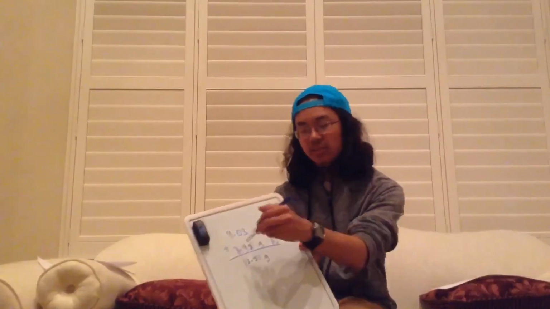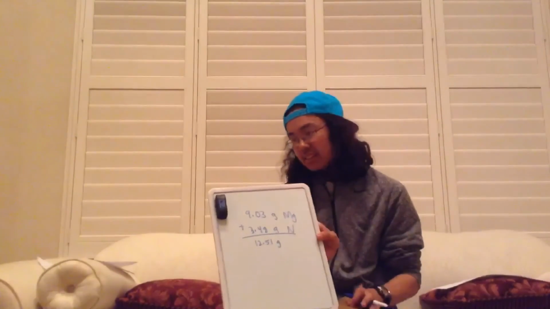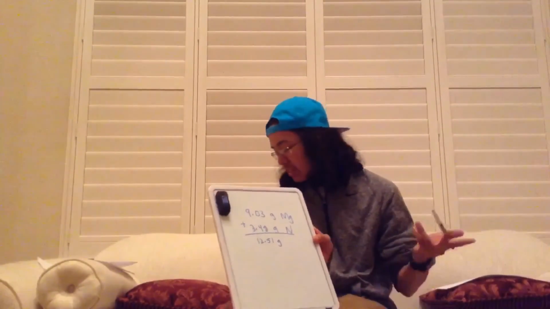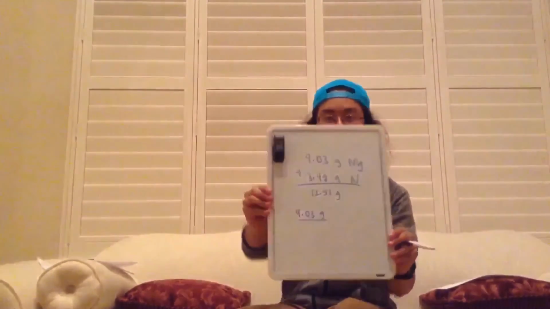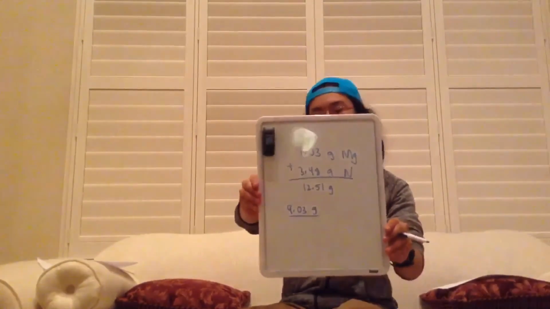And so it doesn't matter which one of these two numbers you plug in to get the percent composition. For this, we'll just do 9.03 grams of Mg, and we're going to divide that by the added sum of the elements, so that's divided by 12.51 grams, and we have to multiply it by 100.